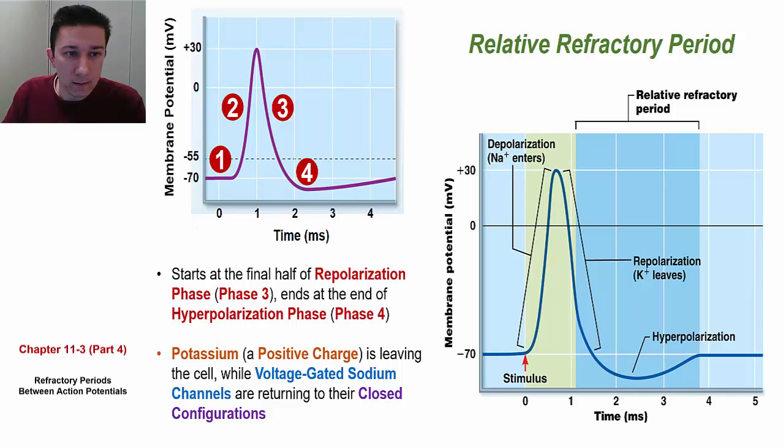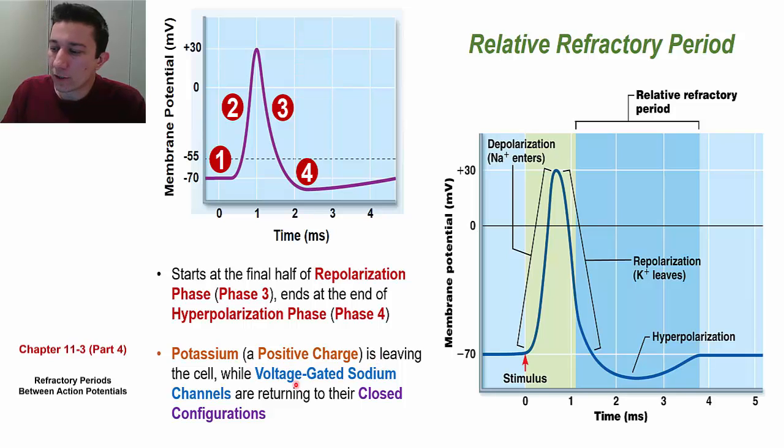What's going on here is that our voltage-gated potassium channels are open. Potassium is being allowed to leave the cell, so positive charge is leaving the cell, moving across the plasma membrane.